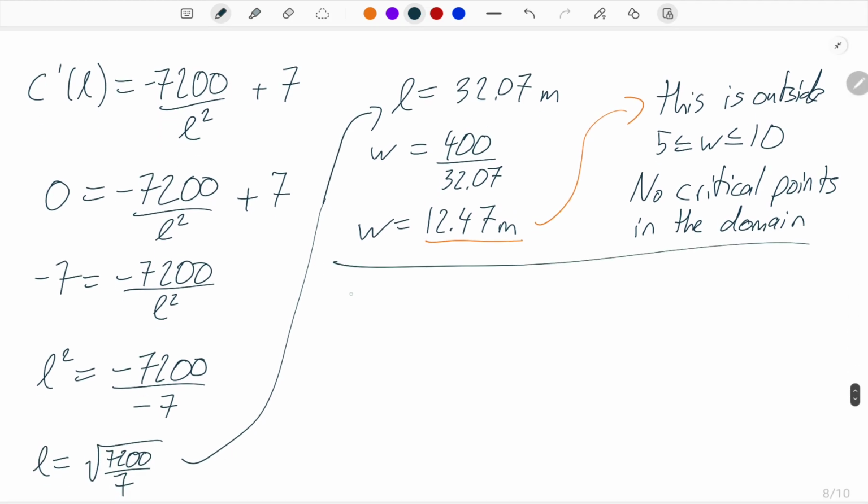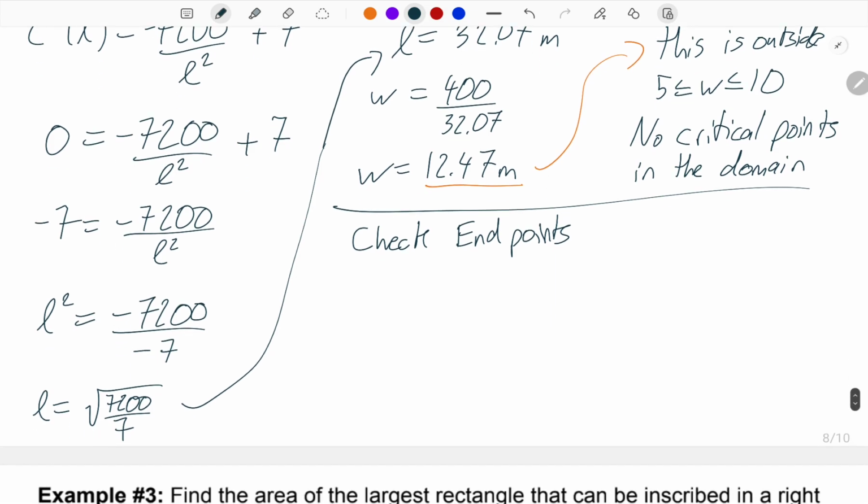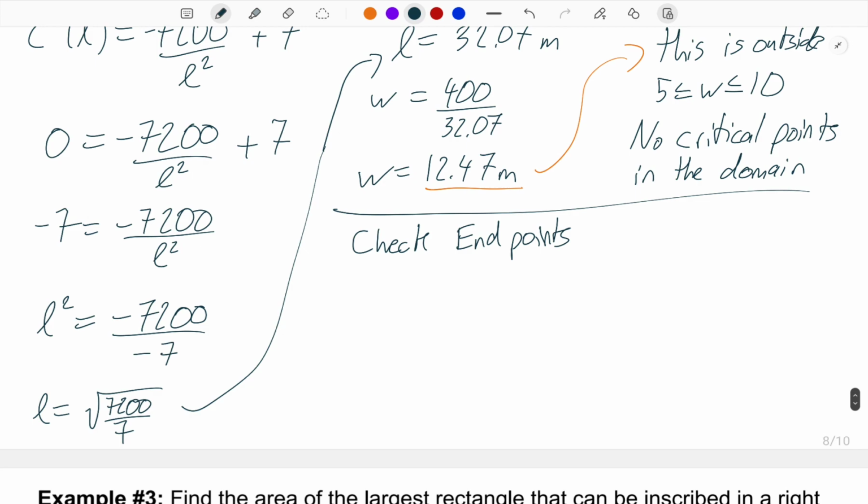So we need to check our endpoints. Essentially, check what's the cost if you use a width of 5 meters, and then what's the cost if you use a width of 10 meters, because those are the endpoints. So W equals 5 meters.